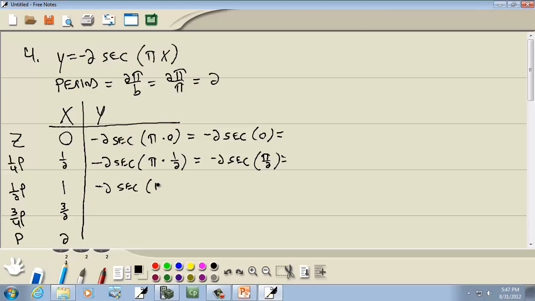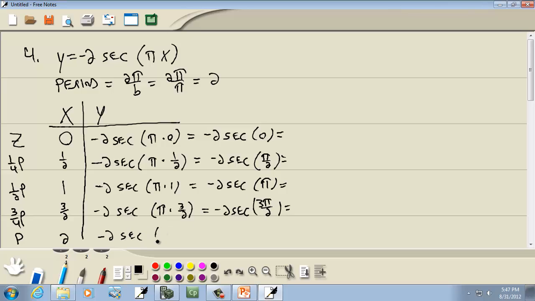We got -2 secant pi times 1, which gives us -2 secant pi. And we got -2 secant pi times 3/2, which gives us -2 secant 3 pi over 2. And last one, -2 secant pi times 2, which gives us -2 secant 2 pi.